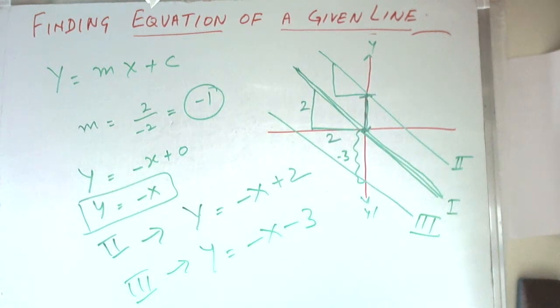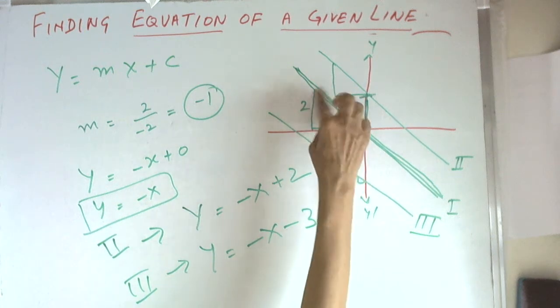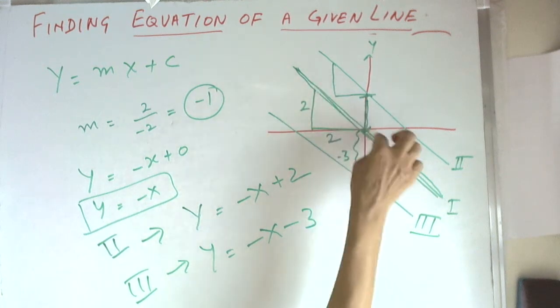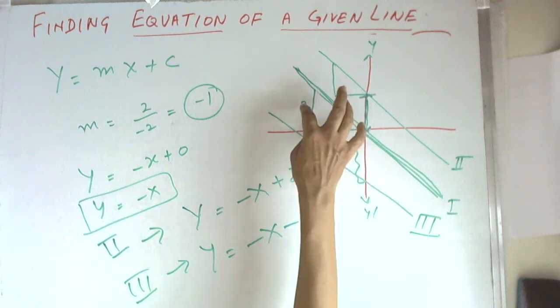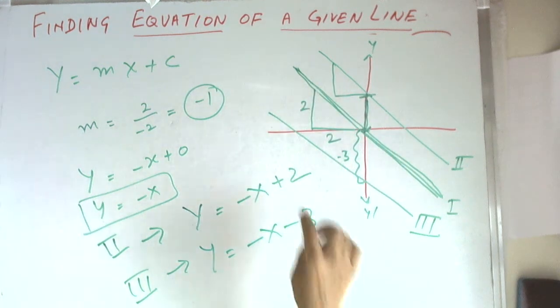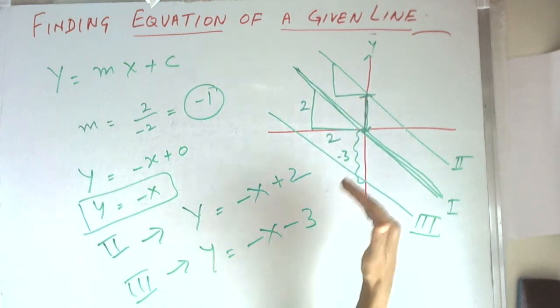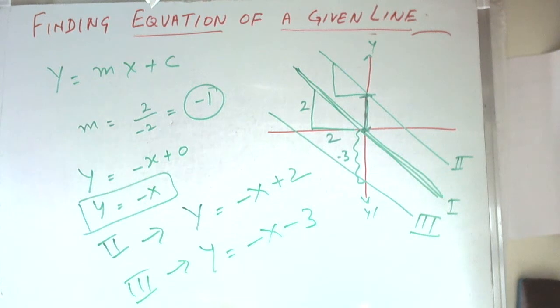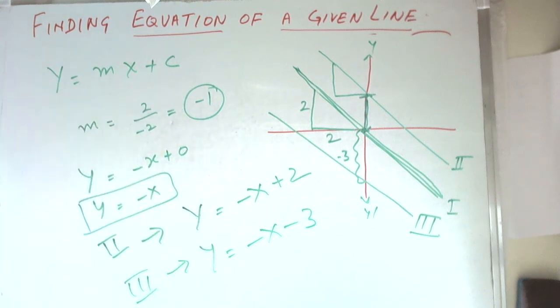And the second thing is finding the m, which is also called the slope of the line, or the ratio between the y coordinate and x coordinate, which depends on the angle of the line. So in this case it is 2 and this is minus 2. So all these three lines have the same ratio because they are parallel to each other. So m is same for all these three lines, but the constant is different. So substituting the value of m and c, we can find the equation.